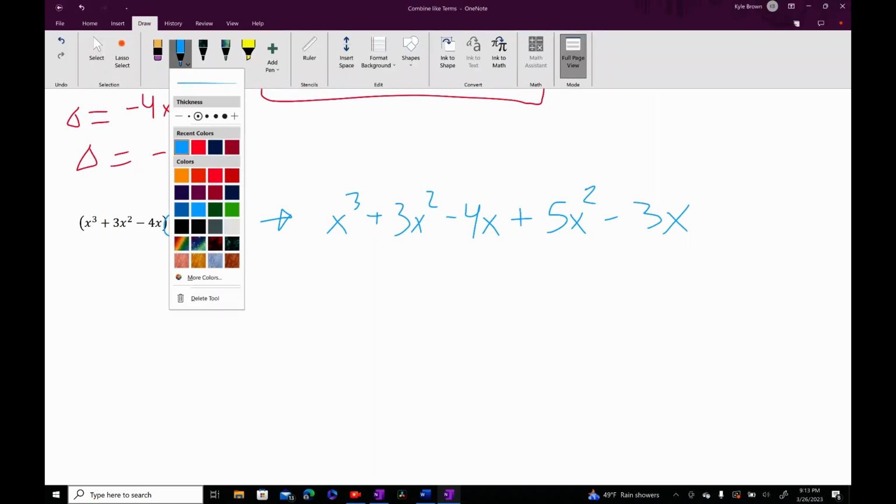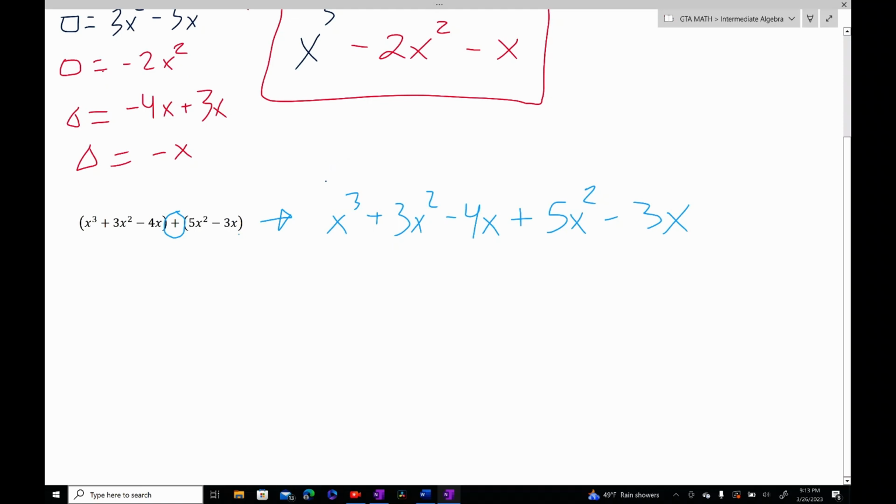So here's what I'm going to do again. We're going to keep all of our stuff the same that needs to be the same. So I'm going to make this circle x cubed. We're going to make those squares again because I'm petty. And then we're going to make the x's by themselves triangles.